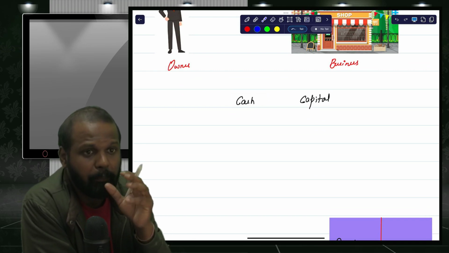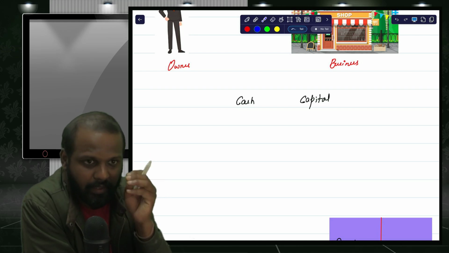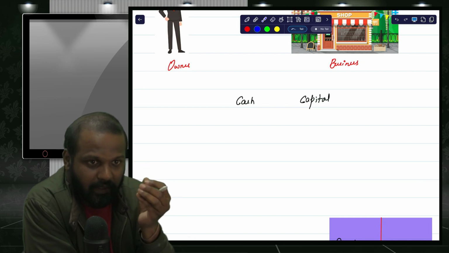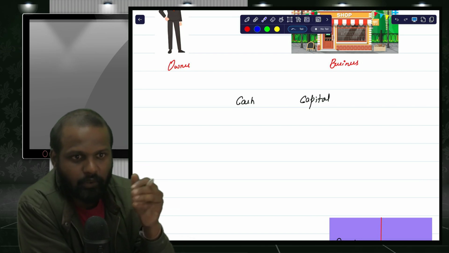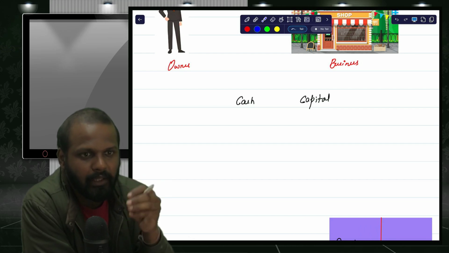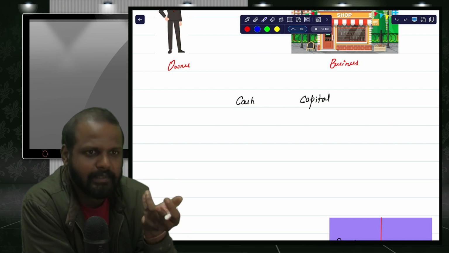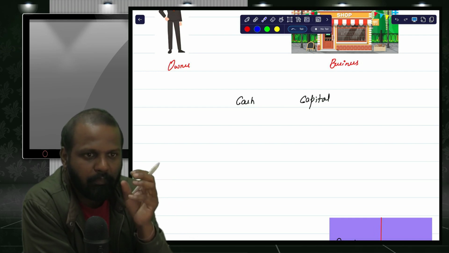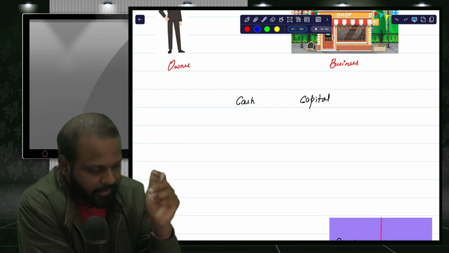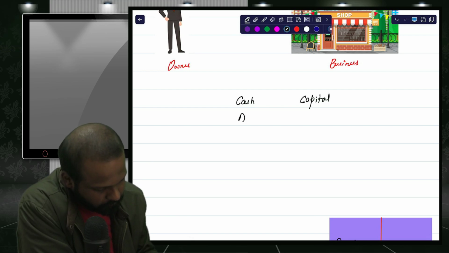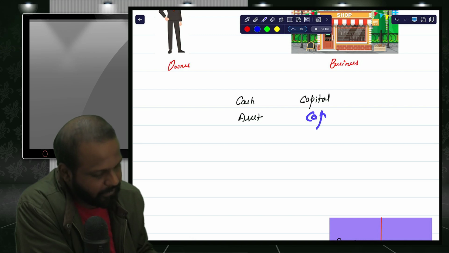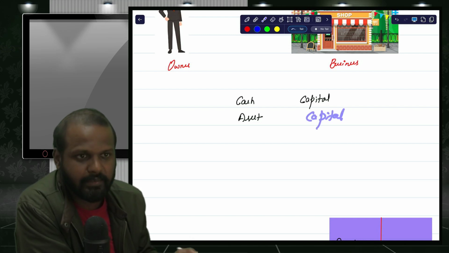Just assume that you have plenty of cash. Cash is an asset. Listen, whether cash is coming into the business or going out of the business, doesn't matter. You know, cash is an asset. Is it coming in or going out? It will be an asset only. So cash, we know, is an asset. Next, capital is capital itself. Out of the five terms, capital is capital.